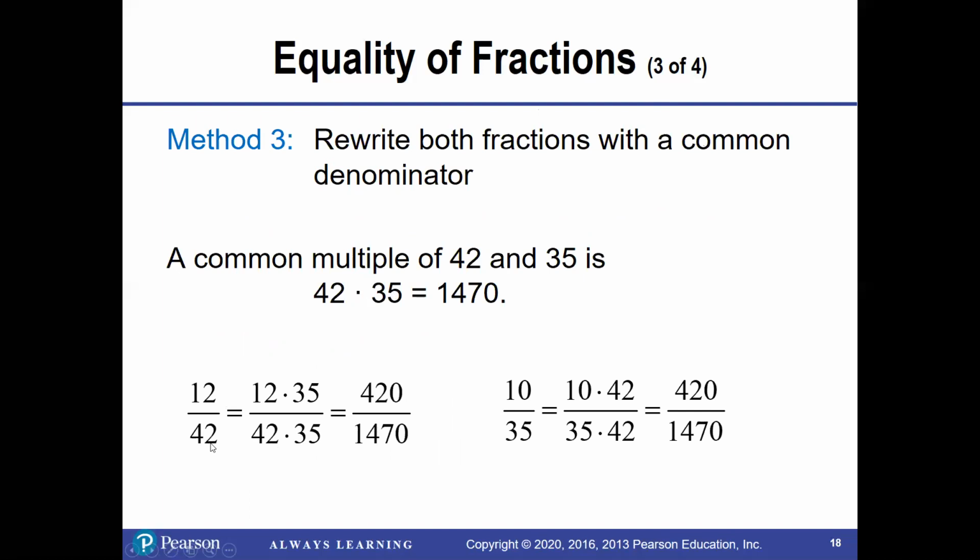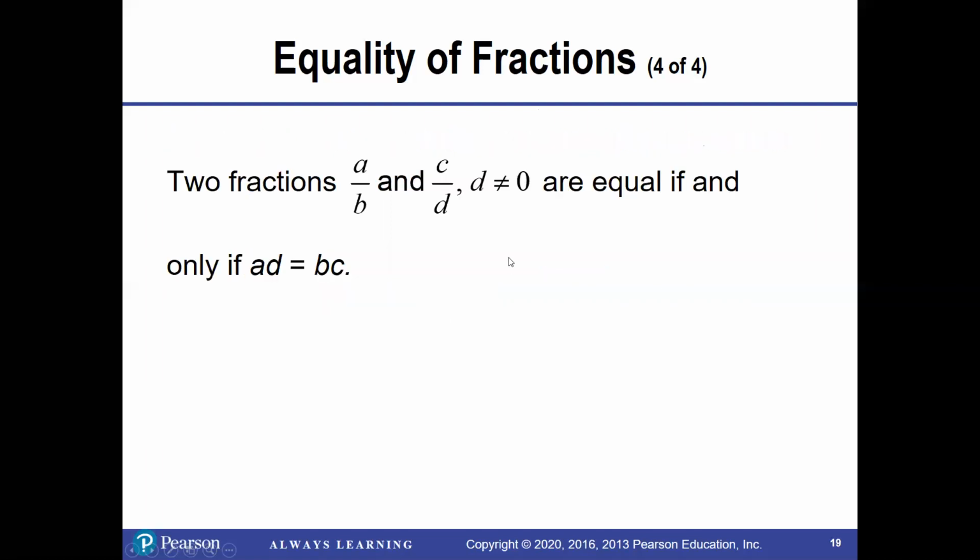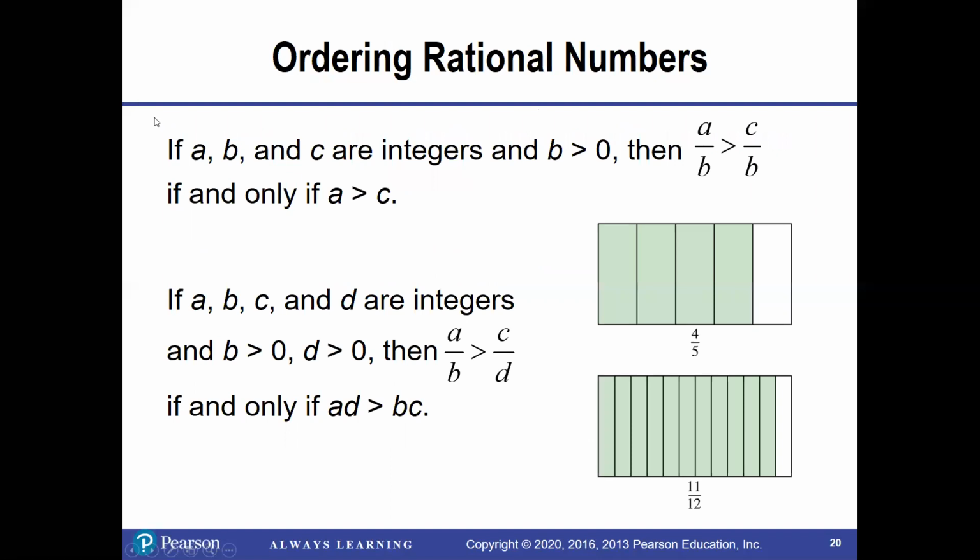And the 12 over 42, since I had to multiply 42 by 35, I multiplied 12 by 35. And the second one, I multiply by 42, so 10 times 42 is 420. And then you look at the two fractions, are they equal? Yes.